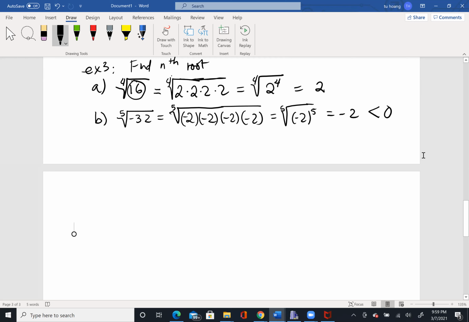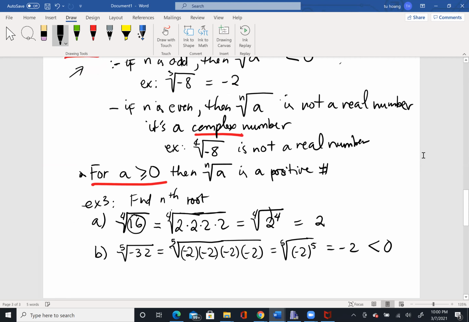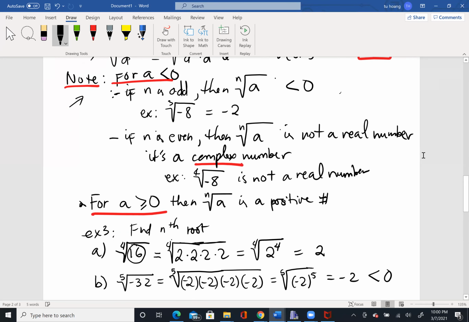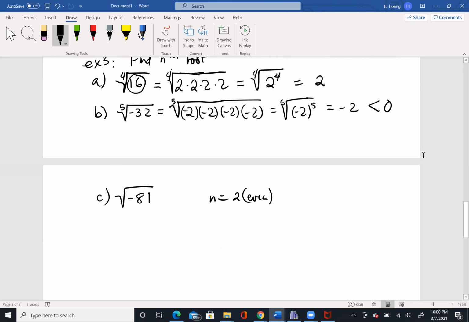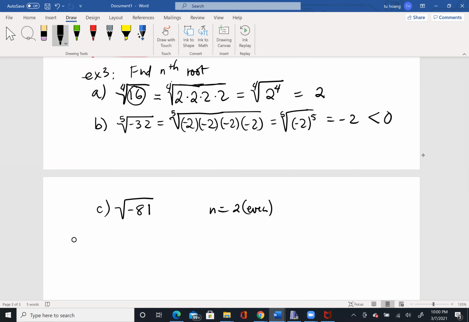Okay, so now let's talk about C. Let's have the square root of negative 81. I know that this gives you an n equal to 2, which is even, right? And you have a here less than 0, which is negative 81.